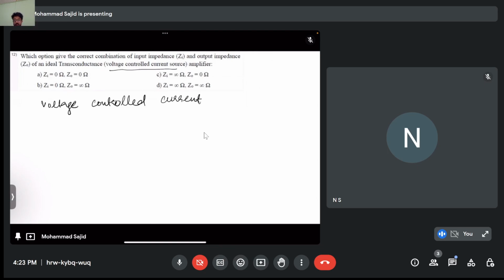So which option gives the correct combination for Z in and Z out? What should be your Z in and what should be your Z out? Think about it. Voltage controlled current source.